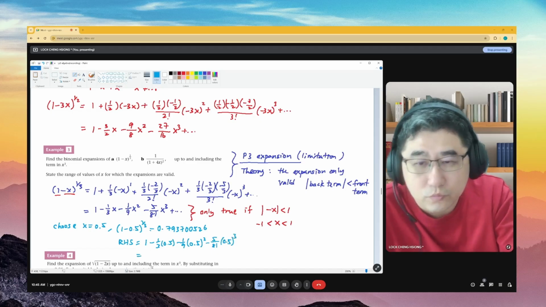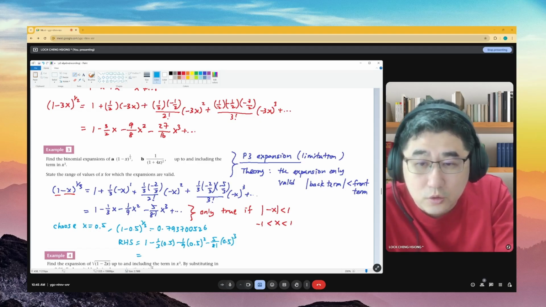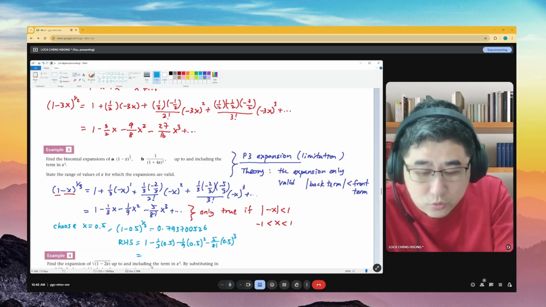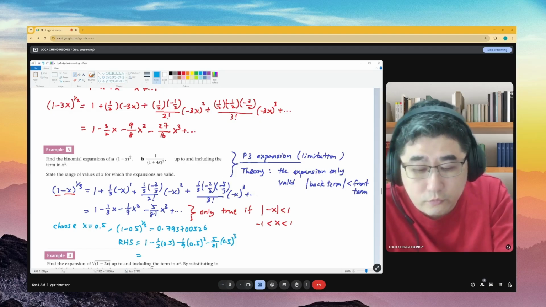So let's see, 1 minus x over 3, minus x squared over 9, minus 5x cubed over 81, calculate with 0.5.